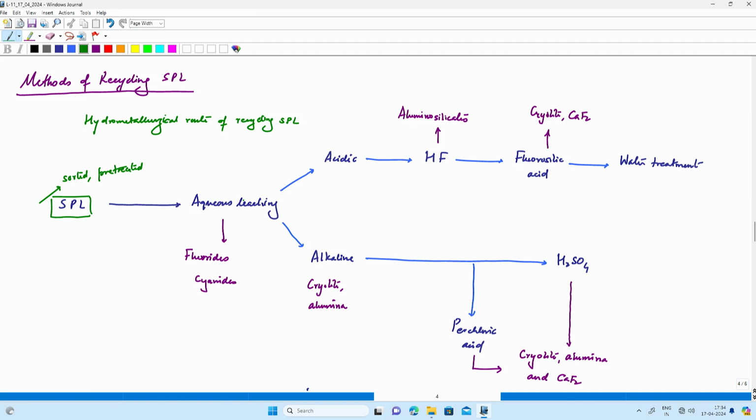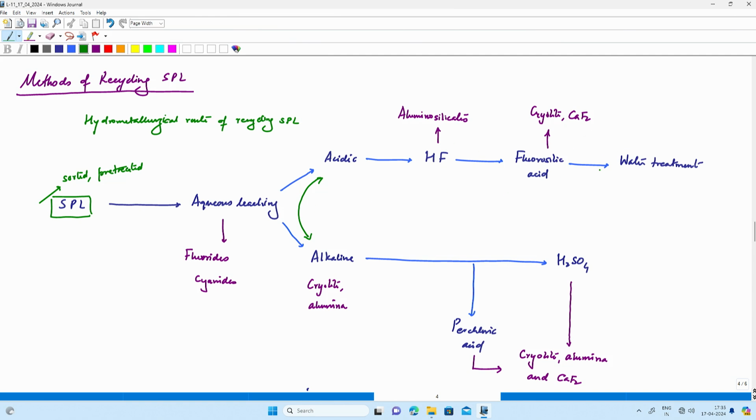Fluorides and cyanides can be removed by water washing, and of course we will again use the residual solid for acidic as well as alkaline leaching. When we look at acidic leaching directly, we can use, let's say, HF or fluorosilicic acid, and we can get aluminosilicates and cryolite and CaF2 as the products.